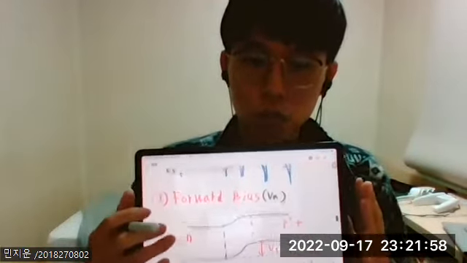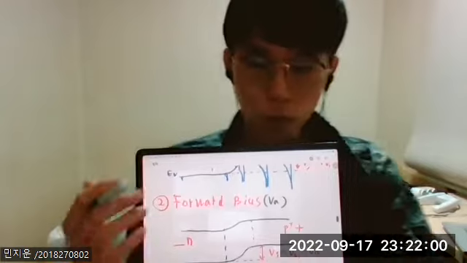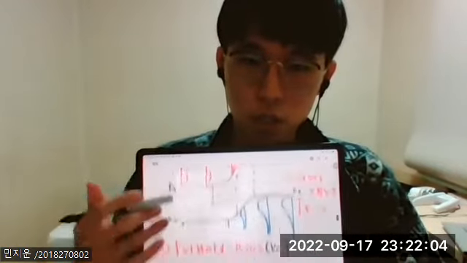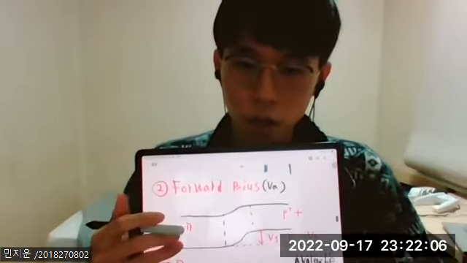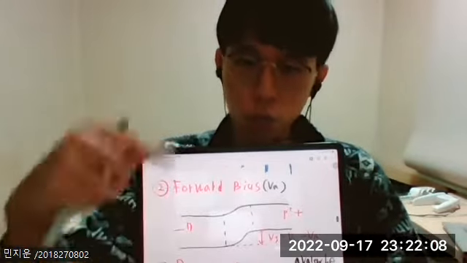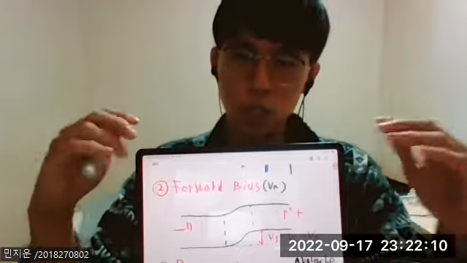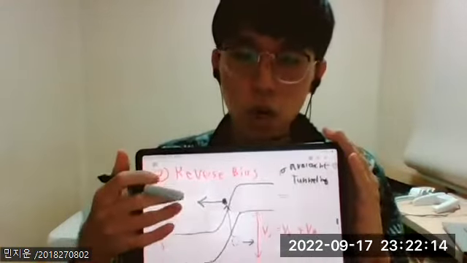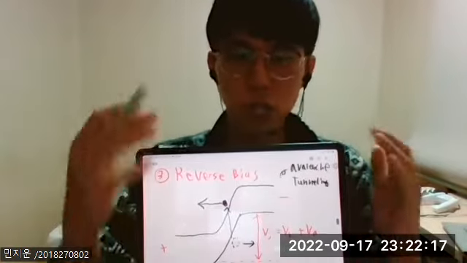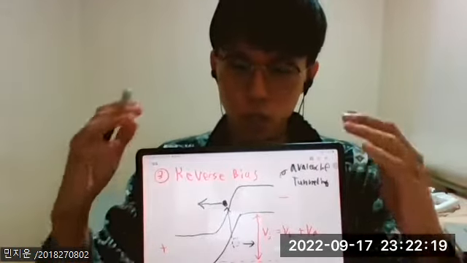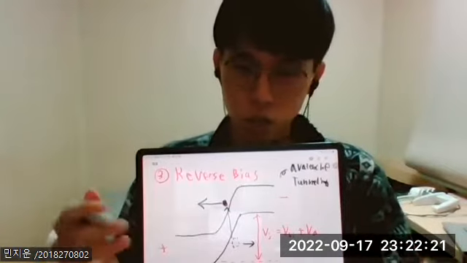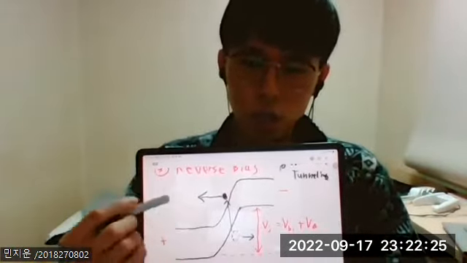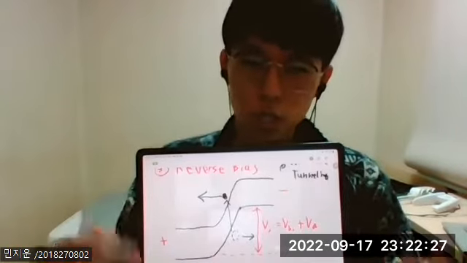Next, if we apply forward bias to this PN junction, the energy barrier is low because the depletion region is smaller. Next, if we apply reverse bias to the PN junction, the depletion region is large and the electron barrier is large, so the current can't flow easily.